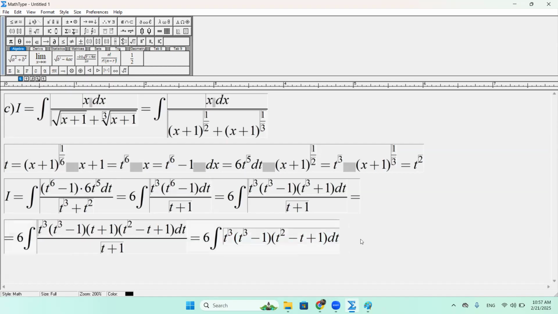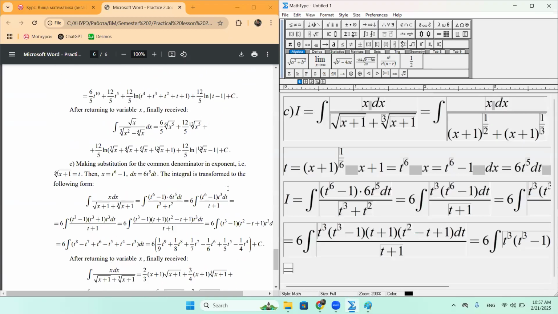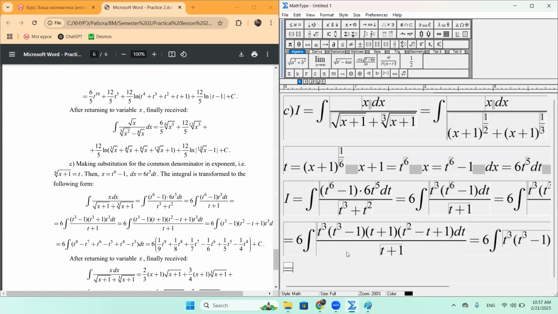Of course, I will not waste time expanding brackets manually. Let's look into the solved exercise already.